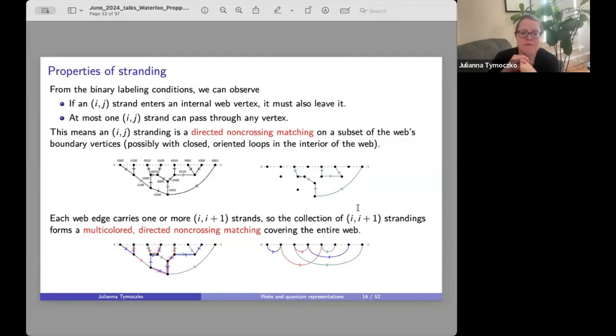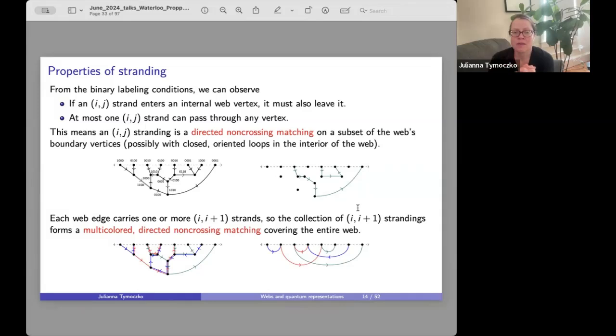All right, so furthermore, every web edge carries at least one I, I plus one strand. This collection of I plus one strands itself creates what we call a multicolored non-crossing matching that covers the entire web.